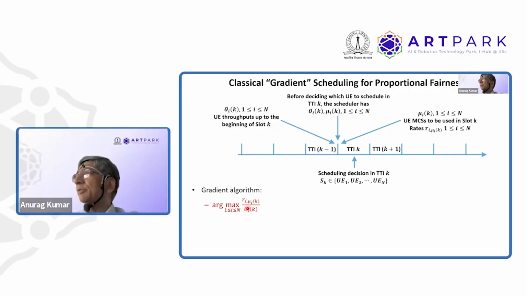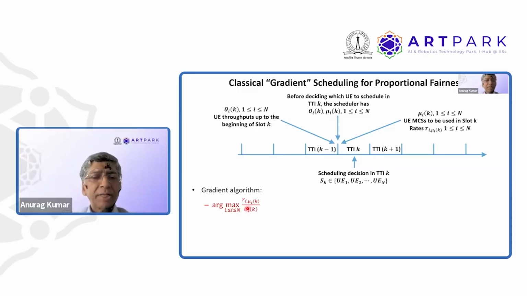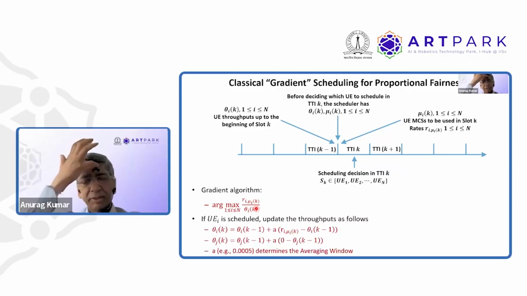This 1 over θ actually is coming from there. The general scheduler is you take the gradient of the utility at the current rate and multiply it by the rate you get in the current slot. That will give you 1 over θ times R_i. Let's leave that aside. It's just a term for a class of scheduling algorithms. And then you update the EWMA.